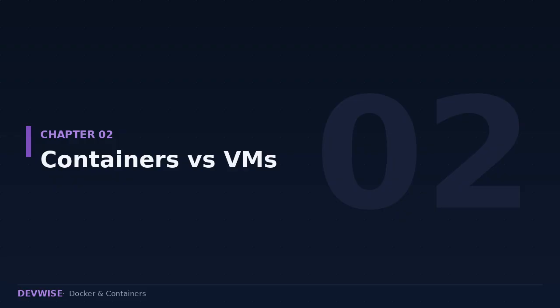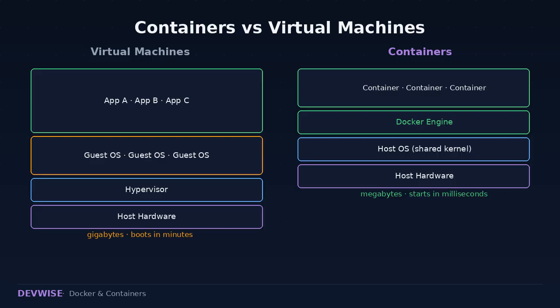To really understand containers, compare them to the thing they replaced: virtual machines. This one diagram is worth more than any definition. A virtual machine works by simulating an entire computer in software. On top of your real hardware sits a hypervisor, and on top of that, each VM runs a complete guest operating system, its own Linux or Windows, kernel and all, and your app runs inside that.